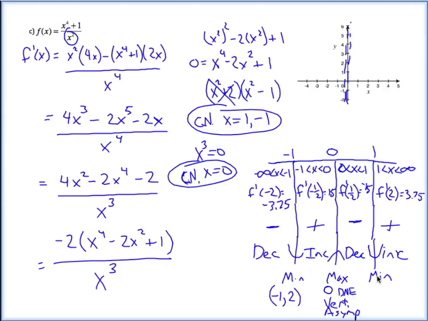Okay, and then this one we think's a min, and if we plug in 1, then we also get 2 here. Okay, so let's plot in our mins here. We have negative 1 comma 2. We had our vertical asymptote here, and then we have 1 comma 2.